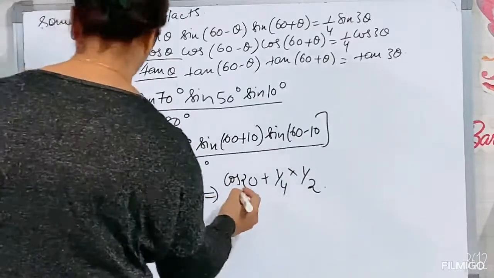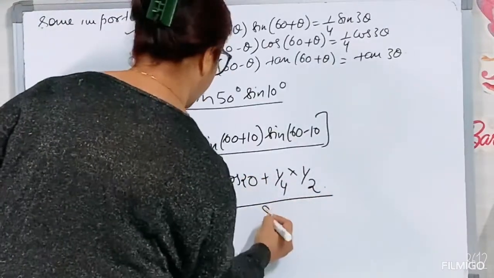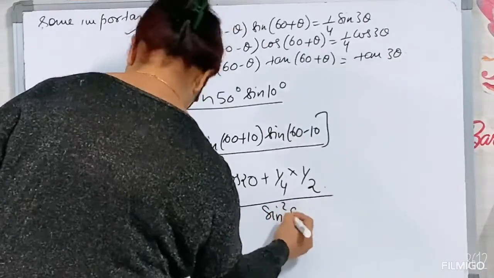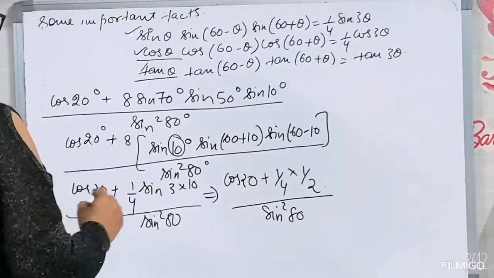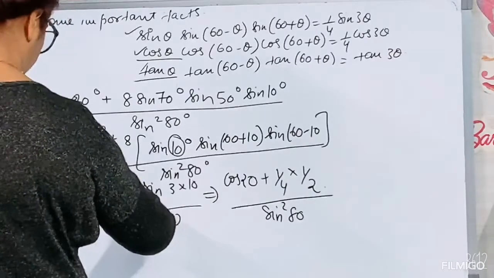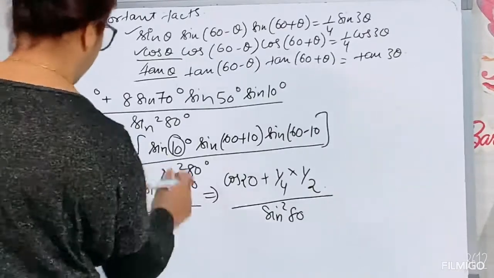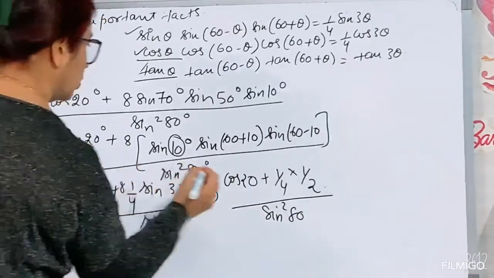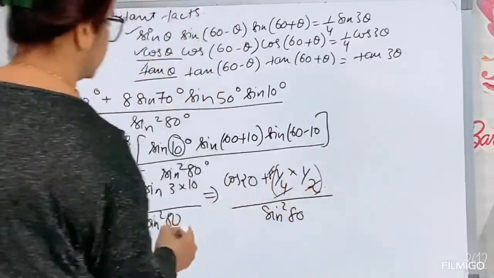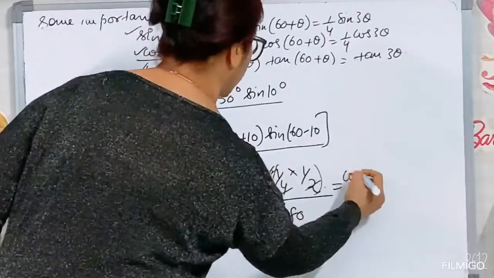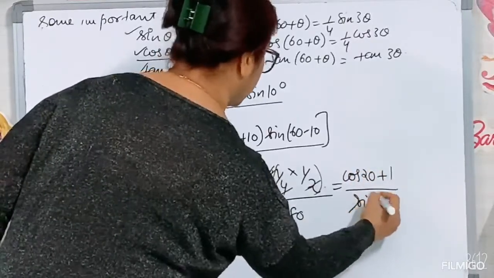I got it. Cos 20 degree plus 1 by 8 by sin square 80 degree. One minute. This becomes 1 by 4 of sin 30 degree. Forgot to write 8. Sorry. So it becomes 8 into that. This and this got cancelled. I got cos 20 degree plus 1 by sin square 80 degree.